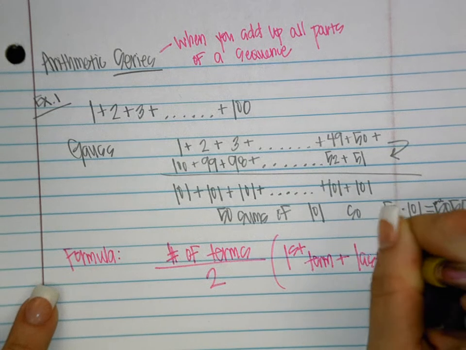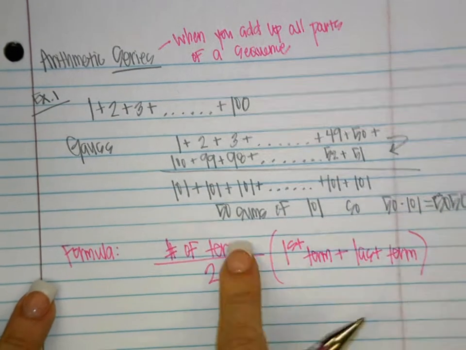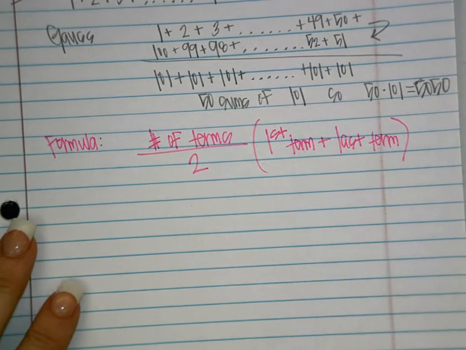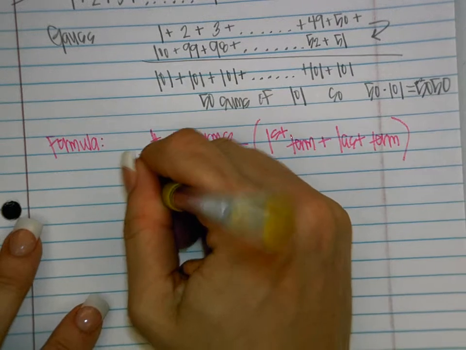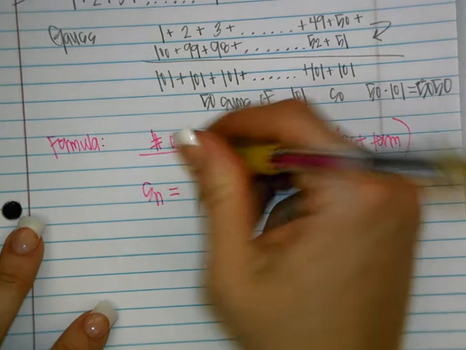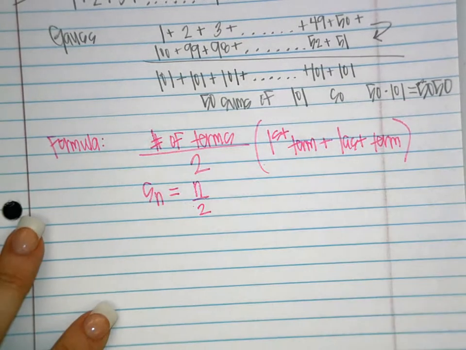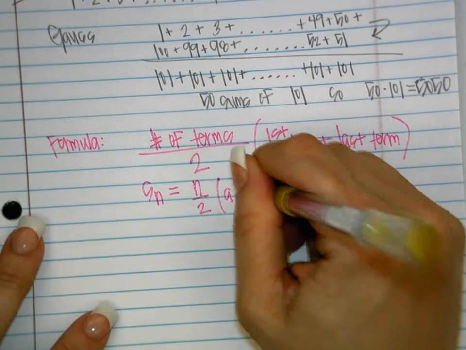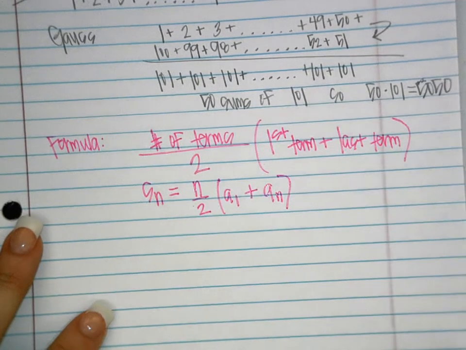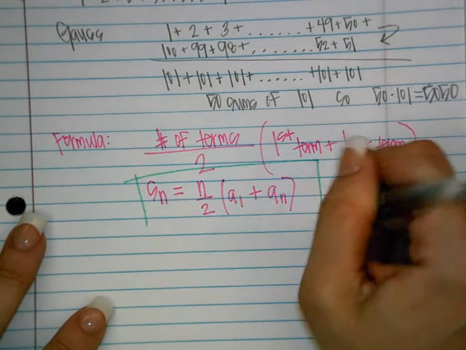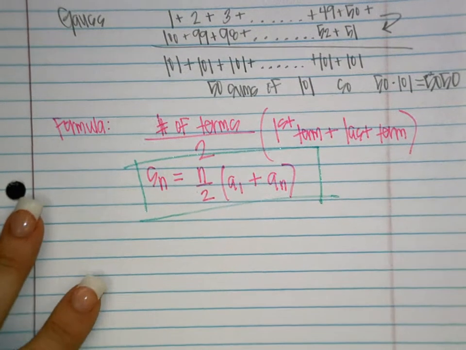The actual way that we write this formula is S sub n, S stands for sum of all the terms, is equal to n over 2, which is your number of terms, times a_1, your first term, plus a_n, your last term. This is another formula that you will need to memorize. It is not an option. You need to memorize it.